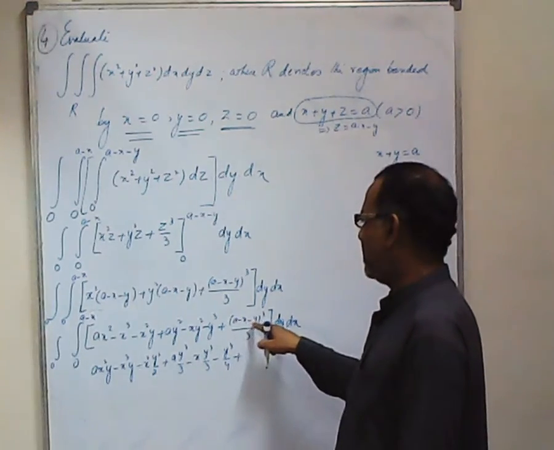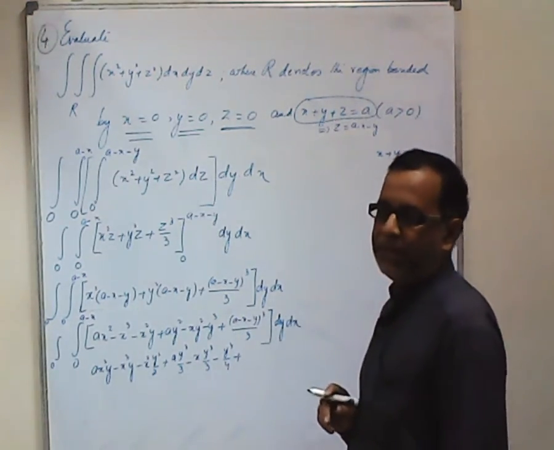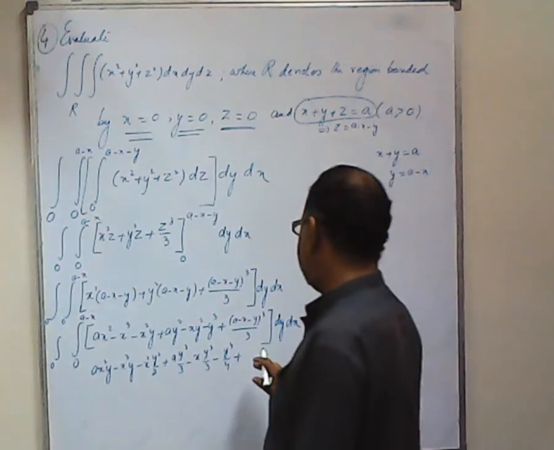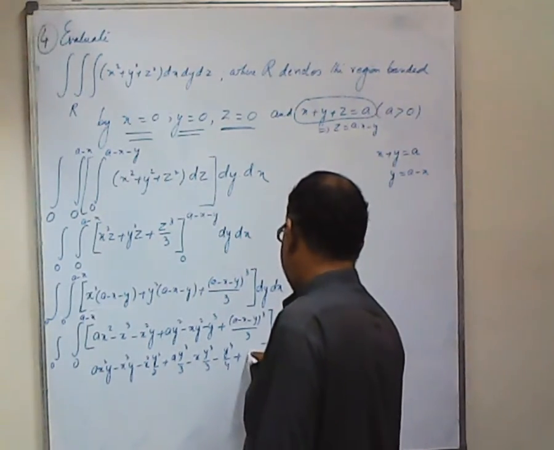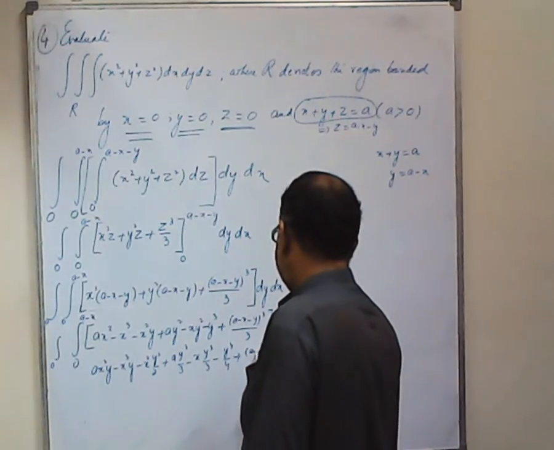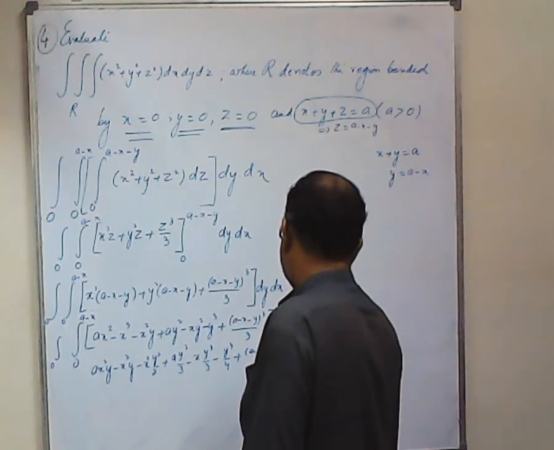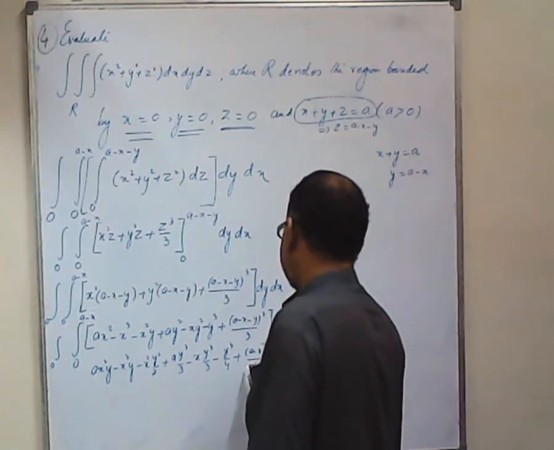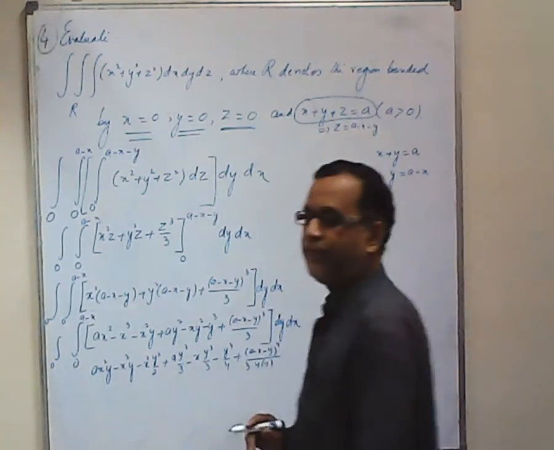A minus x minus y whole cube, the derivative of which is minus 1. So I can write minus 1 here. So it means a minus x minus y power 4 upon 4 and minus 1. And 3 is also there.